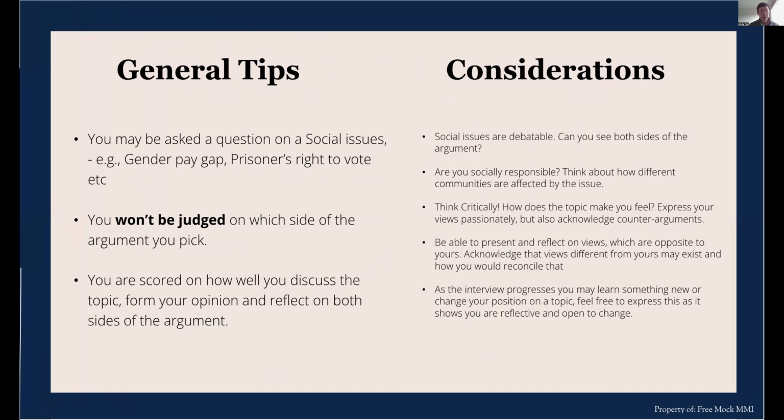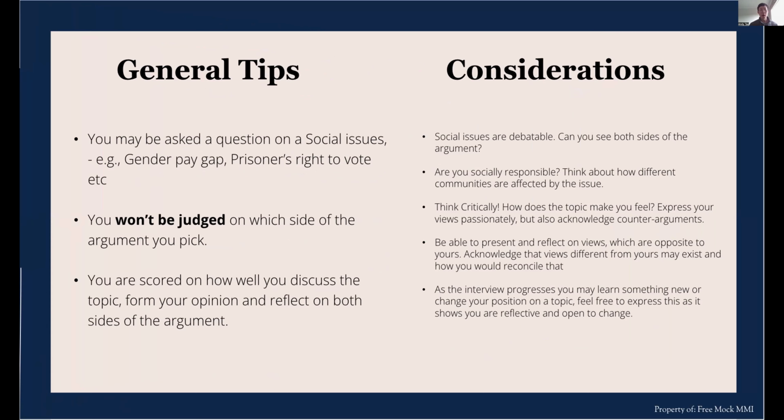So you may be asked a question on a social issue. For example, the gender pay gap, a pretty big equity issue, or it could be on prisoners' right to vote, etc. And the key thing to note is that you won't really be judged on which side of the argument you pick, because again, same with the ethics questions, there is no singular right answer.